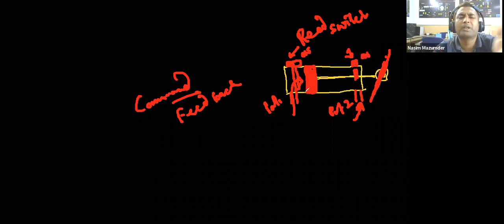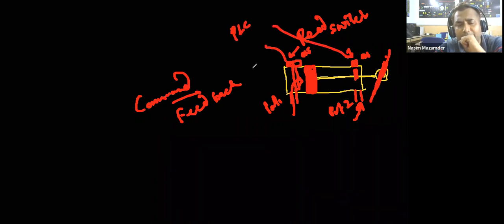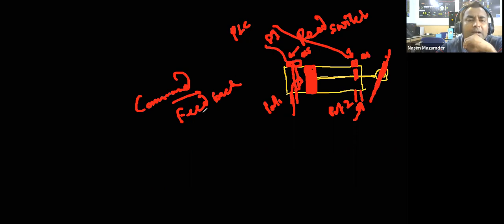Based on the position of the piston, you can get a signal from this reed switch to your PLC or your DCS. So these will be connected to your digital input card.